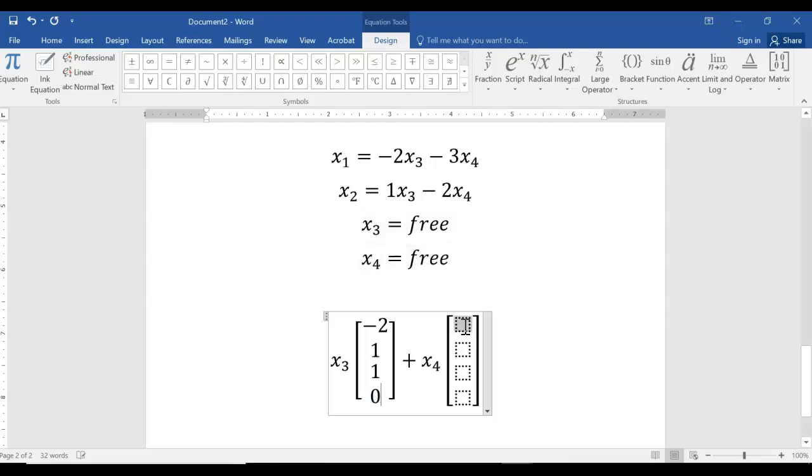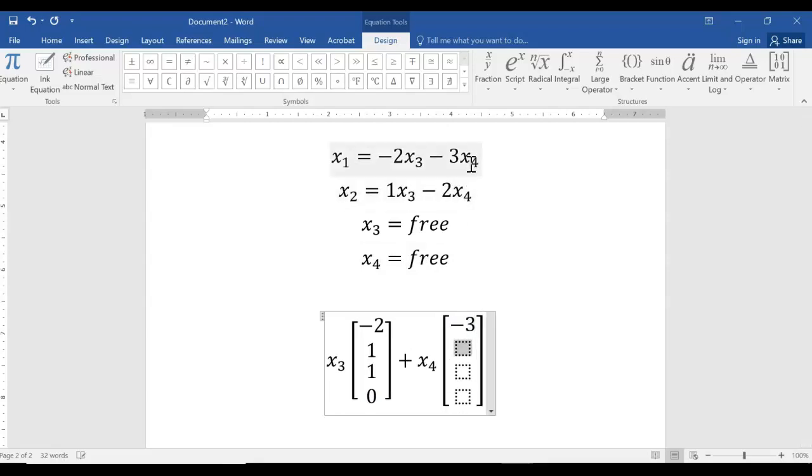Similarly, the coefficients of x4: -3, -2, 0, 0, and 1. Okay, so that is the parametric solution for the homogeneous equation.